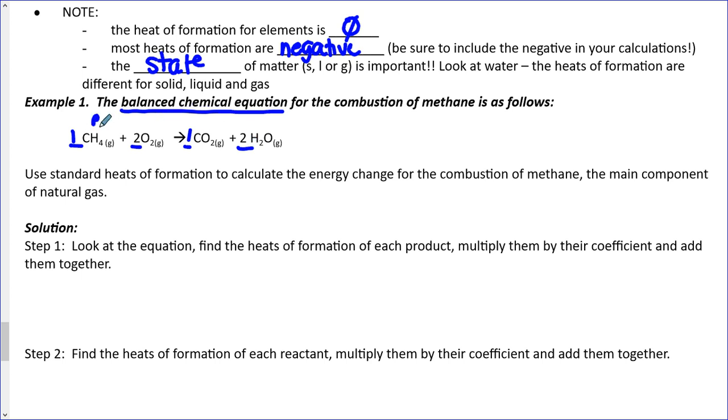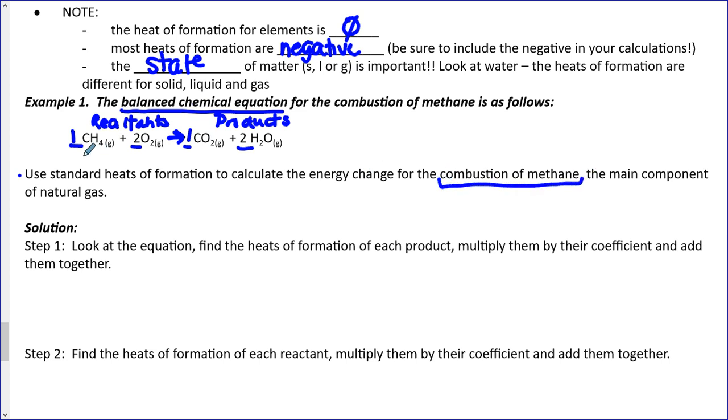Again, these are our reactants. Reactants are what go into the equation. These are the products. That's what comes out of a reaction. So we have our reaction arrow in the middle. It says use standard heats of formation to calculate the energy change for the combustion of methane.